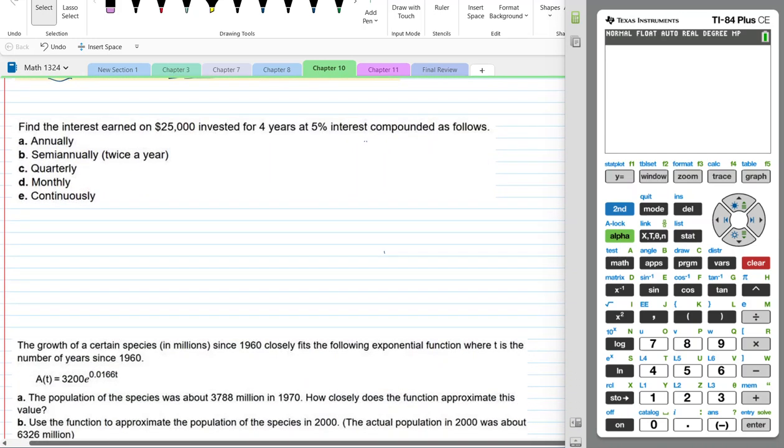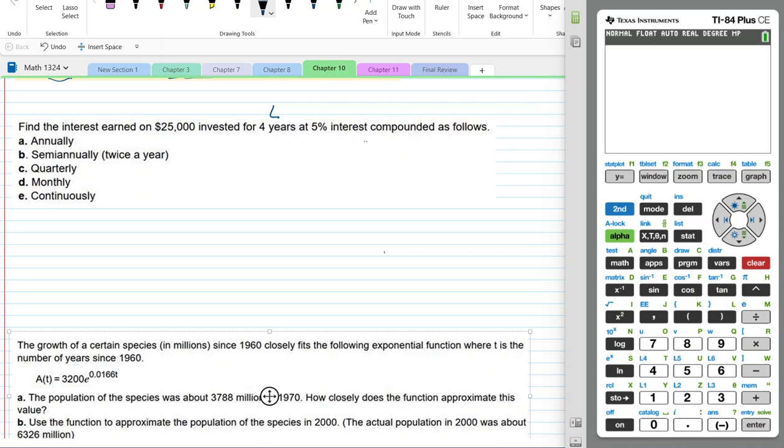So here we have, we want to find the interest earned for $25,000 invested for 4 years. This is my T. This is my R, 5% compounded annually. So M is 1. All right. Everybody ready? This is my P. We're looking for A. And then subtracting the P from that.